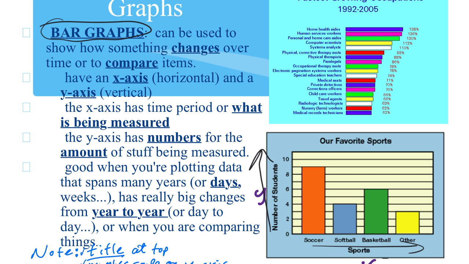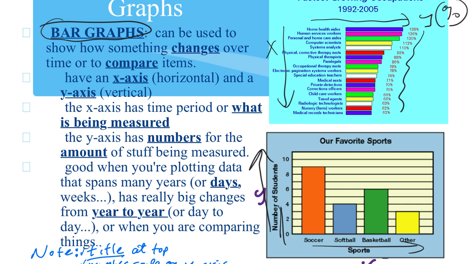Right here, the first bar graph we have is kind of weird because they have the x-axis going this way and the y-axis going this way. Okay, the y-axis is always numbers. See, the y-axis would be like percentages on this one. You can see these numbers going. So this would be like 0%. 100% is right here.